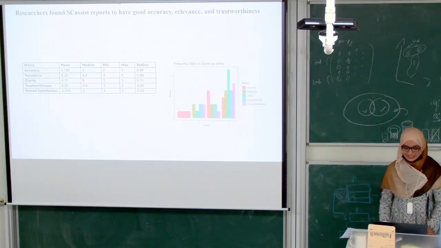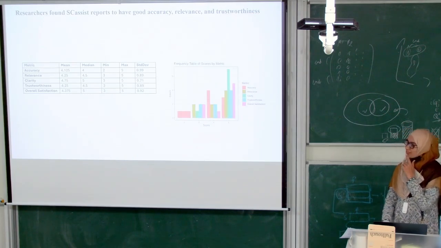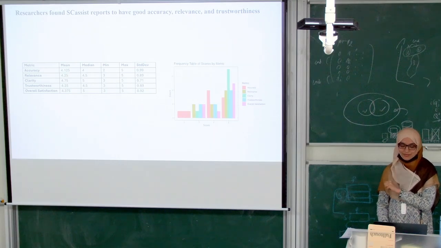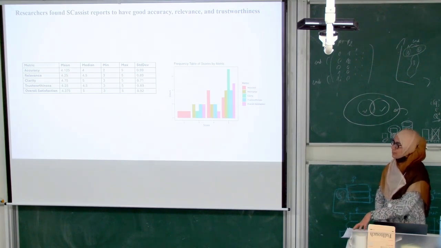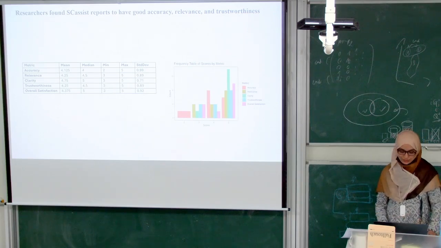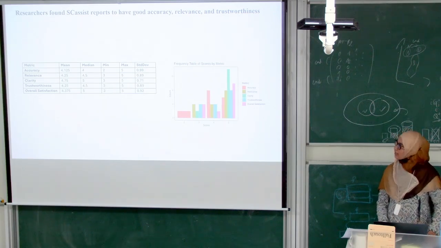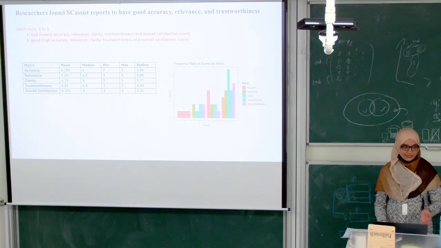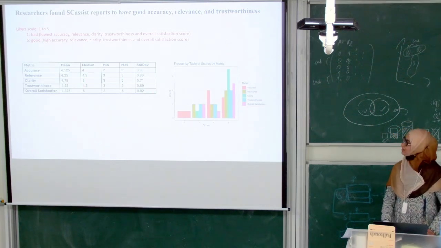So for the other tests, they used researchers to check the reports that were made by the single cell assistant. They tried to check whether the experts are really happy with the results. It's scaled from 1 to 5, and they provided them with a survey, and they filled it.